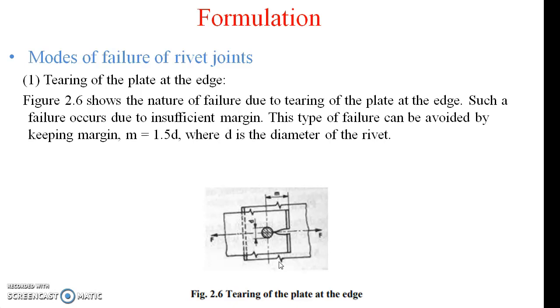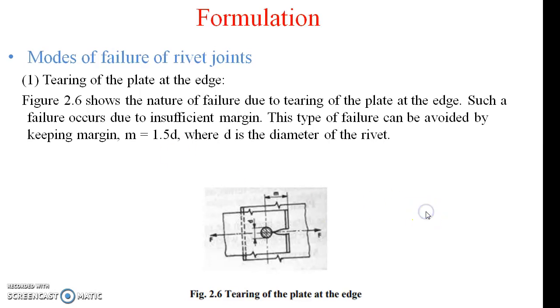This type of failure can be avoided by keeping a sufficient margin for the riveted joint. So here M is equal to 1.5D, where D is the diameter of the rivet. This is the first formula, the first mode of failure, that is tearing of the plate at the edge.